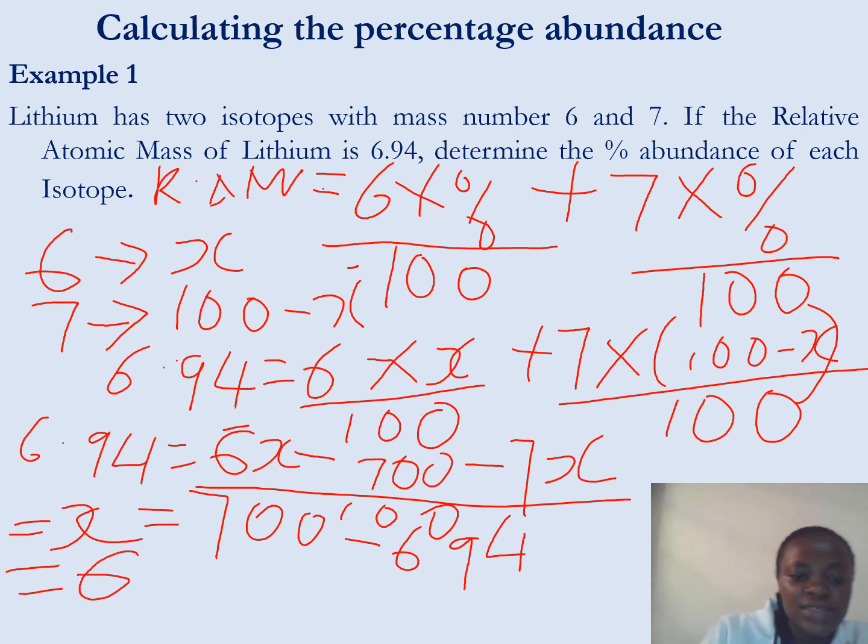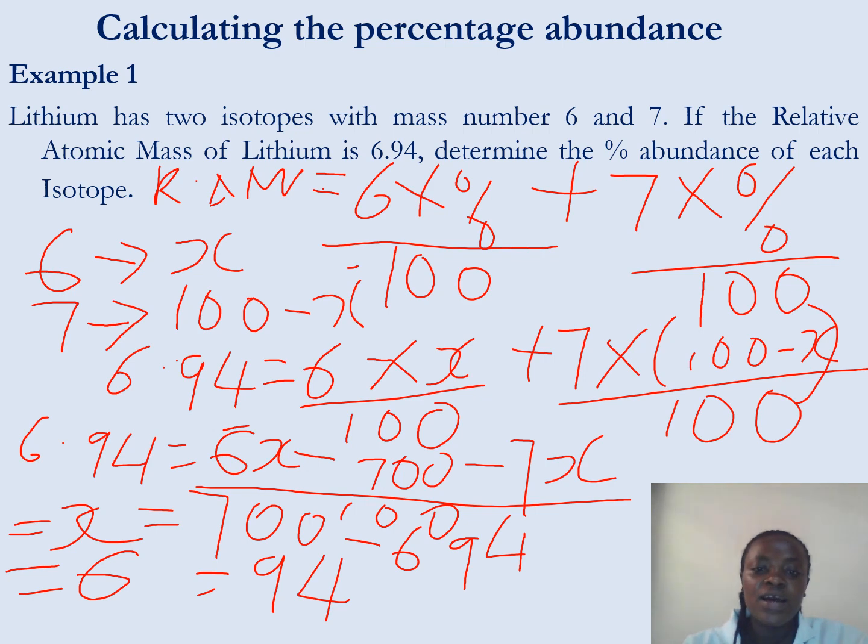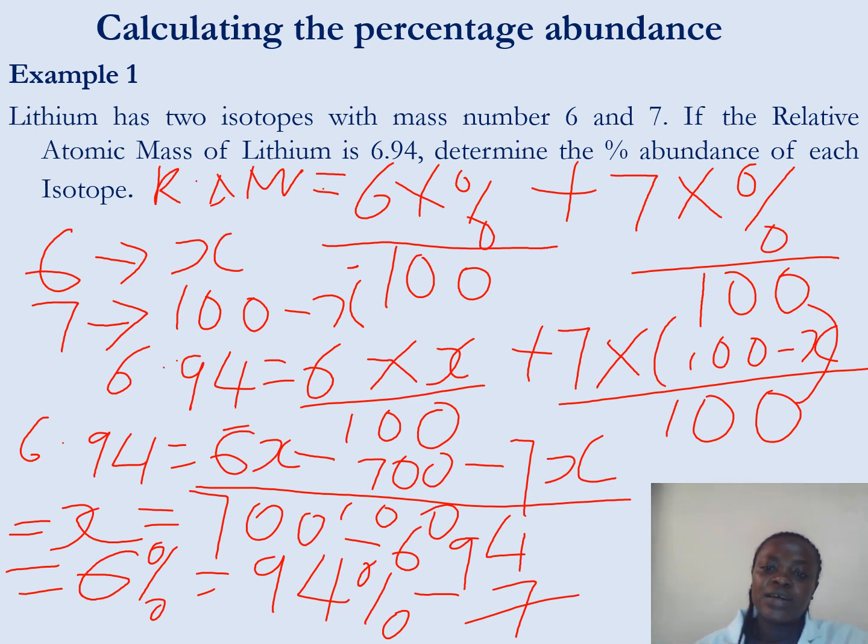So if X is 6, then the relative abundance of 7 will be 100 minus 6, which is 94. So the first isotope will have a relative abundance of 6%, while that with mass number 7 will have a percentage of 94%. So that is how we calculate the relative abundance or the percentage abundance of these isotopes.